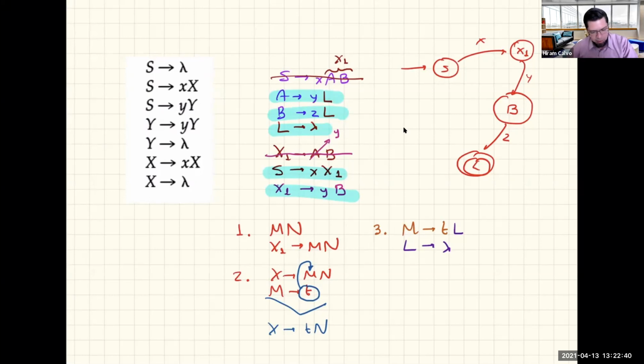Yes, that was what we did in the first example. We applied these three mechanisms in different orders until we obtained our result. So now you will try a more difficult example.